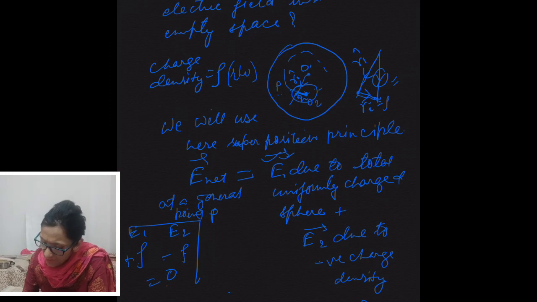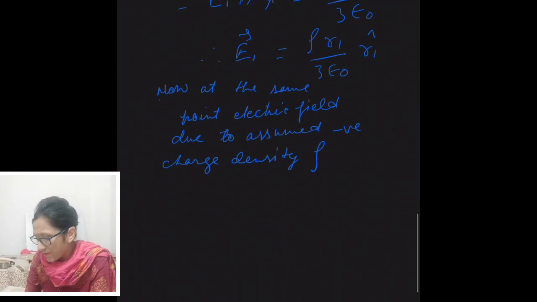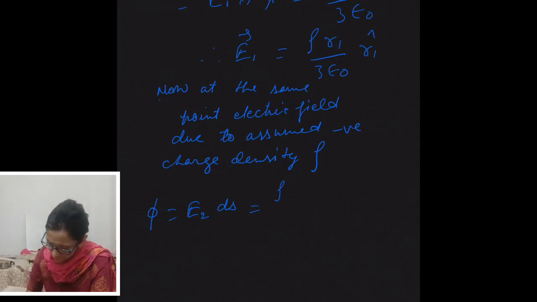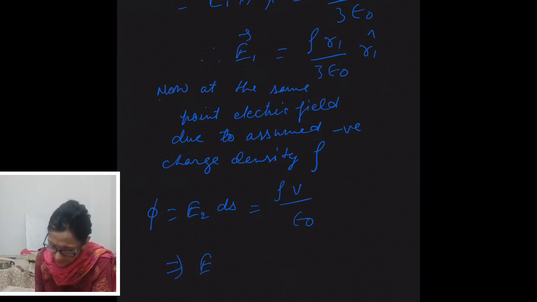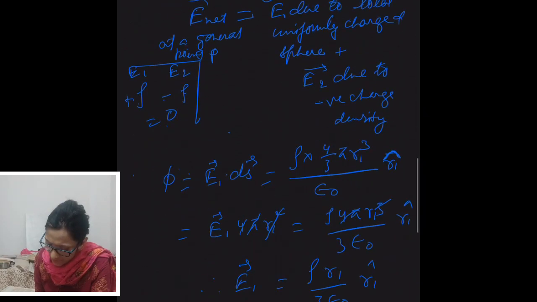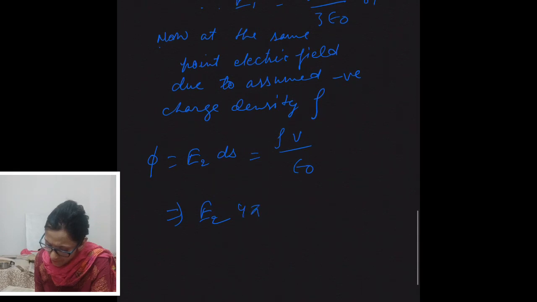So at this very point we have the electric field in this direction and this direction, and the resultant of the two, by the triangle law of vector addition, will be along this direction. So we will be finding this direction and the vector sum of the two fields. Let me find E2 here due to the negative charge density rho. The flux is E2 into dS, equal to charge density into volume by epsilon naught.